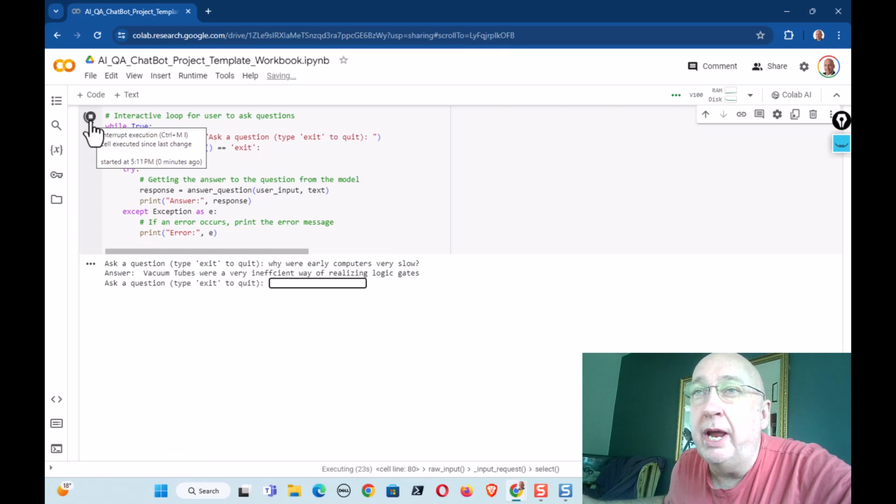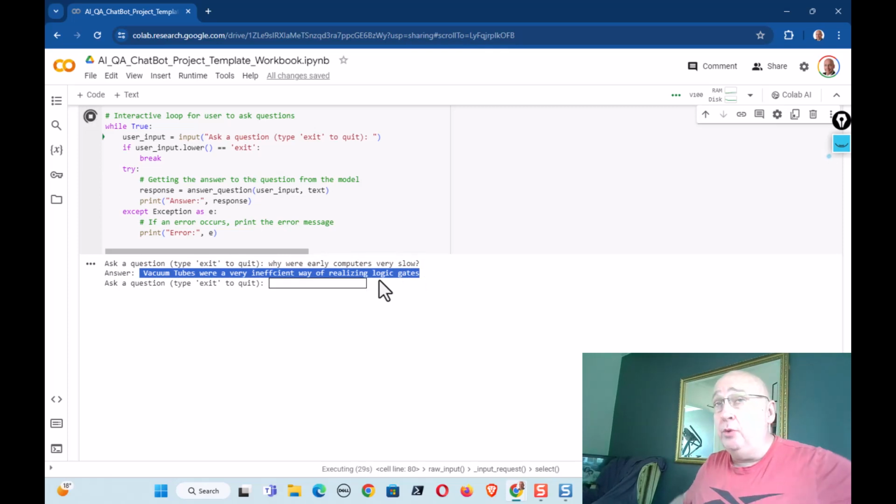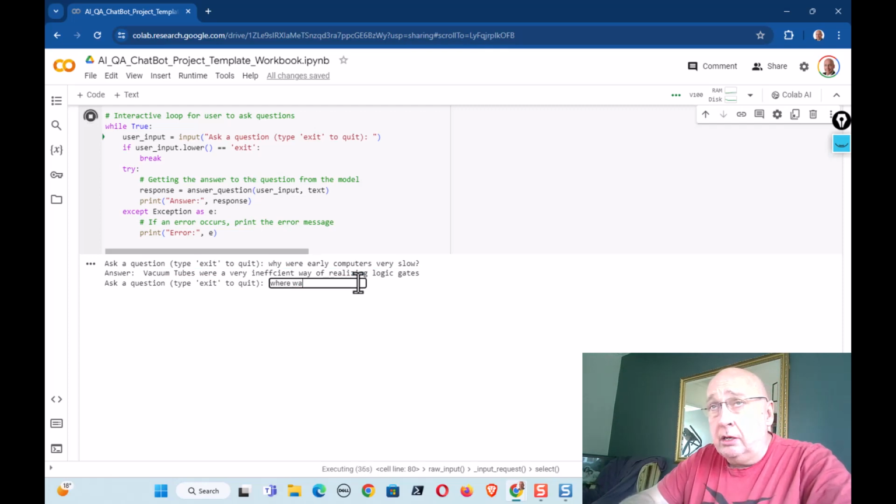Now it's spinning away. Vacuum tube. Yeah, so now it's giving me the correct answer based on my training. Now, if I were to ask a question like this, where was the first computer invented? Enter. And this is very fast, by the way, so definitely use that T4 hardware accelerator option.